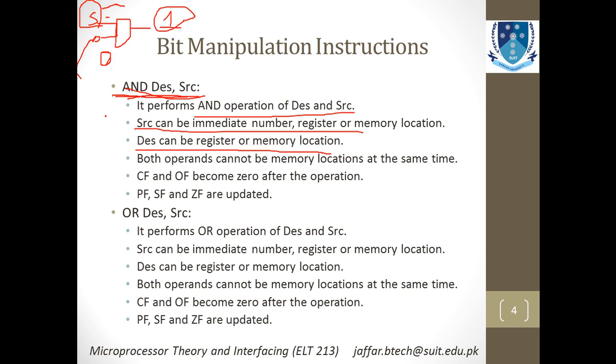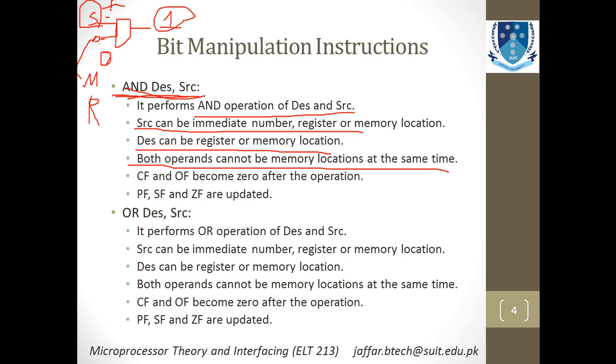So these are some important points that you should keep in mind. As we have discussed earlier, both operands cannot be memory locations at the same time, because it will cause a collision. So you will have to select one from a register and another from a memory location, or if you are using a memory location as the destination, you can take a register or an immediate number.